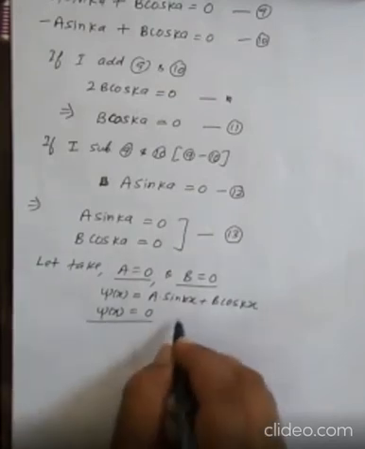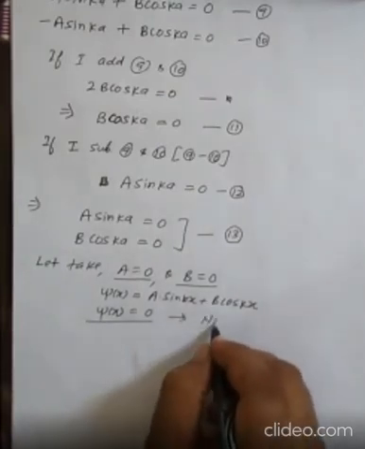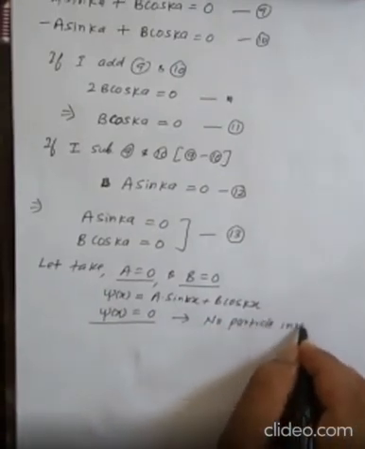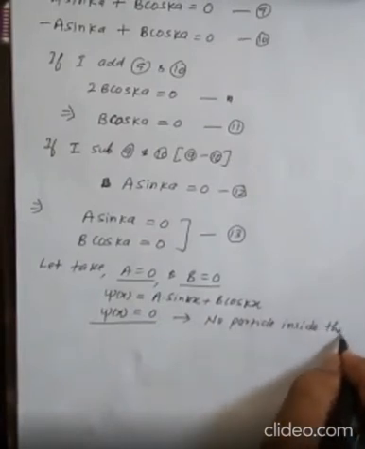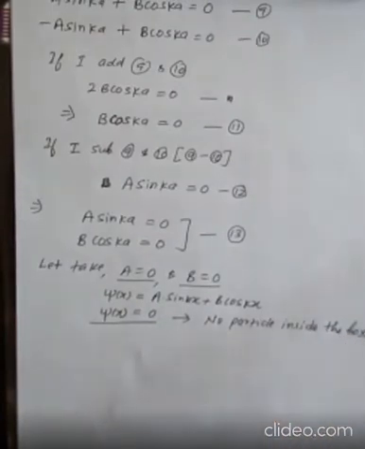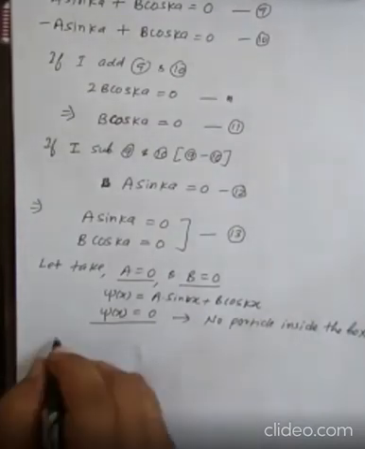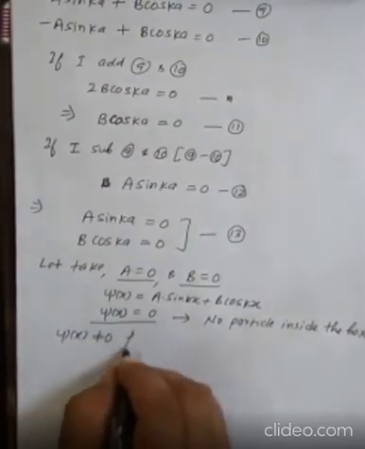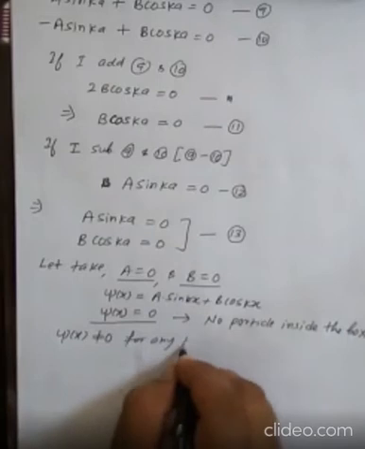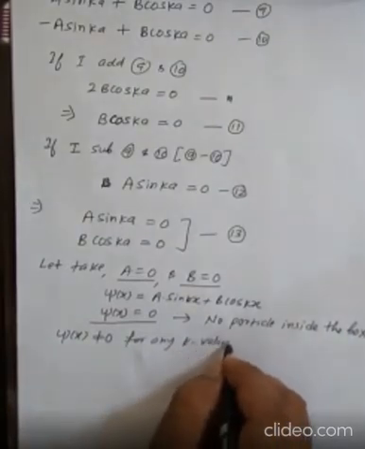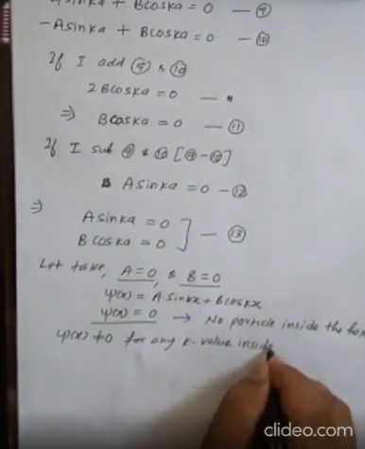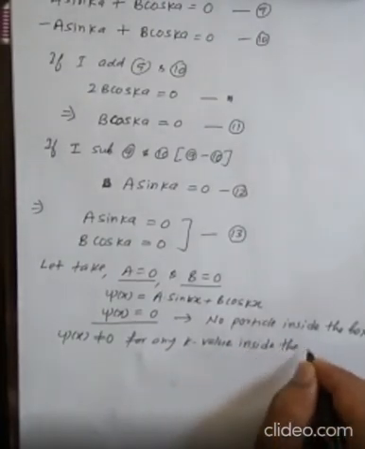So psi x equal 0 means no particle inside the box. But this is not the case. The particle is inside the potential well. It means the psi x will be non-zero for any k value inside the potential well.